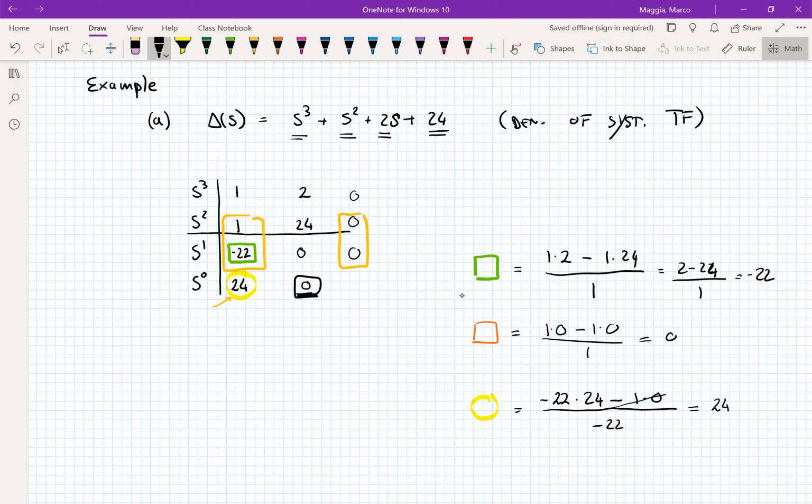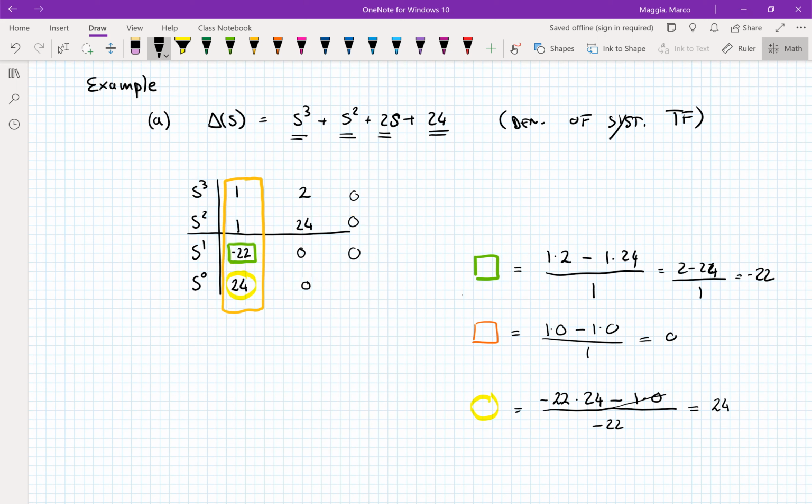But we don't need it because we have the Routh array formed. We have all the coefficients, so we're ready to assess the stability of the system.